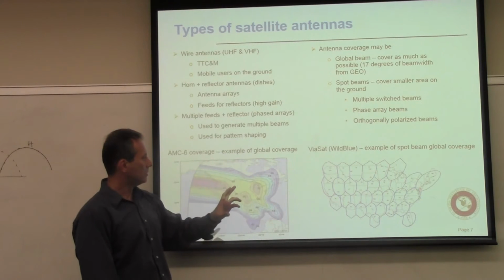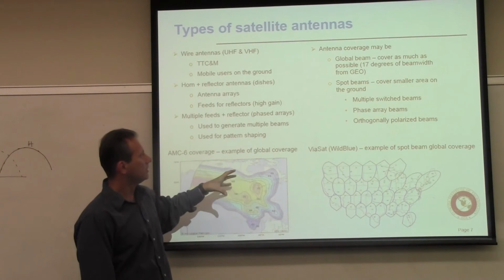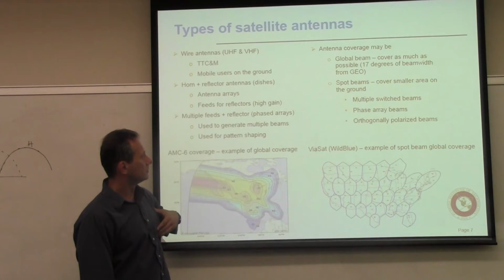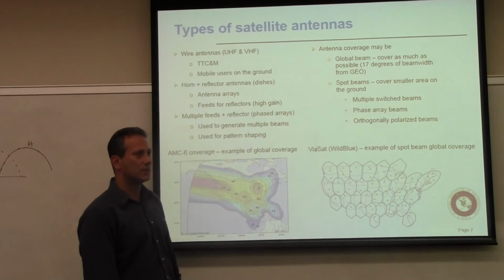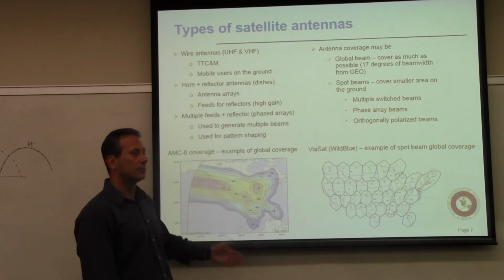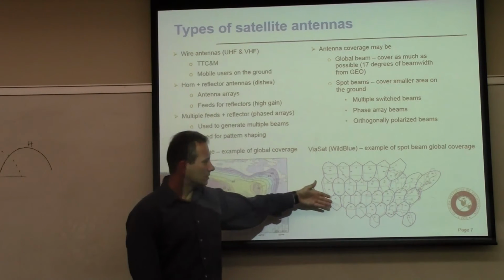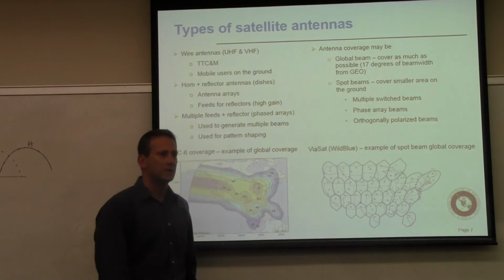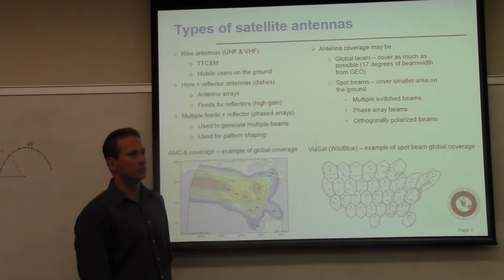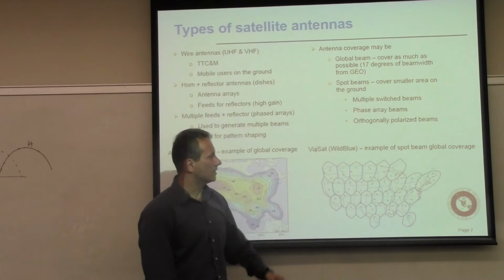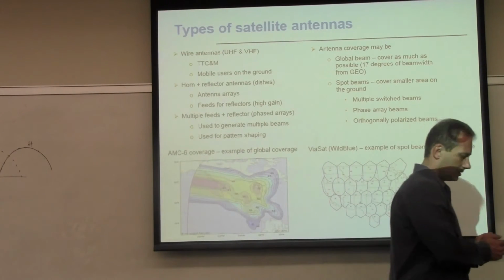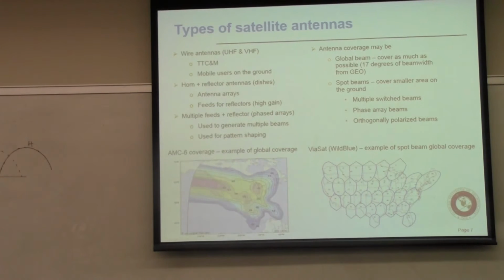But what I would like you to remember is they're essentially these kind of approaches where you have one antenna that covers a larger area, and these are appropriate for broadcast. And then you have a spot beam approach where you're trying to maximize the reuse of your spectrum and achieve this kind of pattern on the ground.